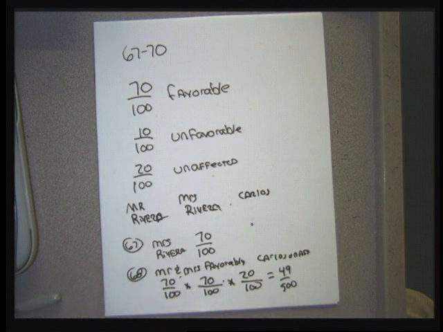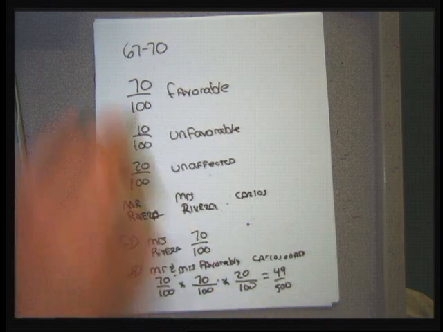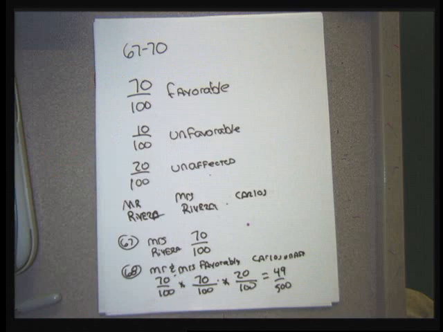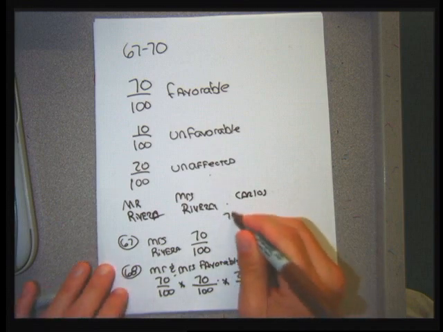In 68, I'm asking about three people, so I need to multiply each of the probabilities. I didn't increment down because Mr. and Mrs. Rivera and Carlos are not part of these 100 people. It's just, what if they were given the drug? Whereas in the home building problem, we were actually picking people that had their homes built.